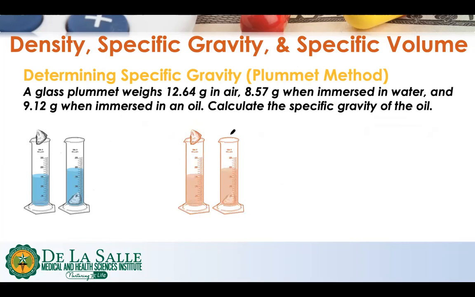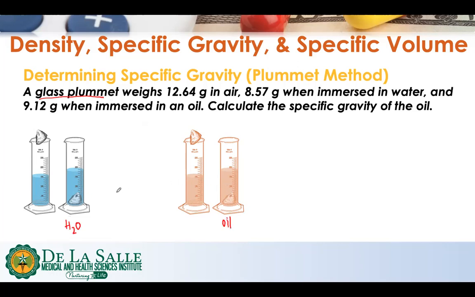Now, let's have this problem as an example illustrating the use of the displacement method in determining the specific gravity of liquids. In determining the specific gravity of liquids using the plummet method, we use a glass plummet. And the glass plummet is placed in both the standard, which is water, and the substance, which is, in this case, an oil.